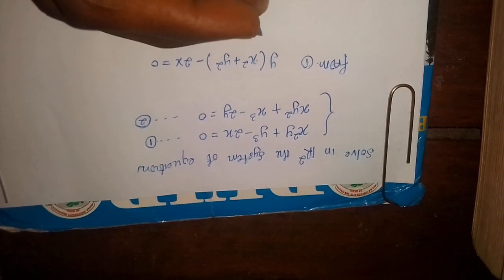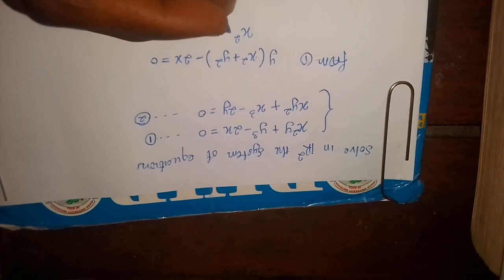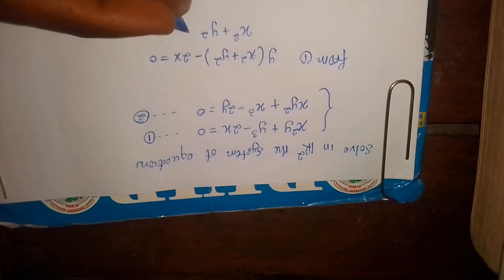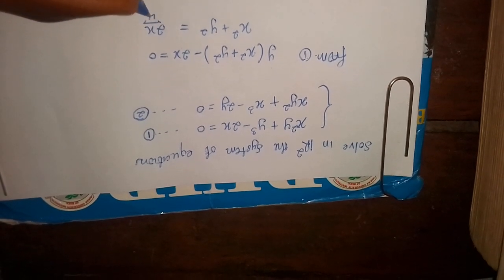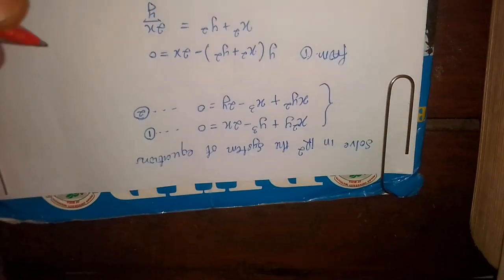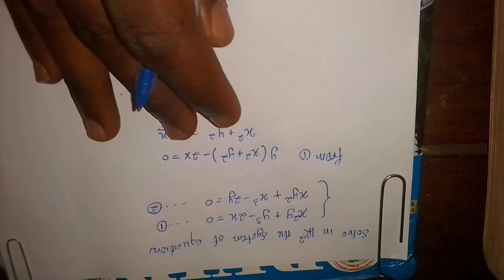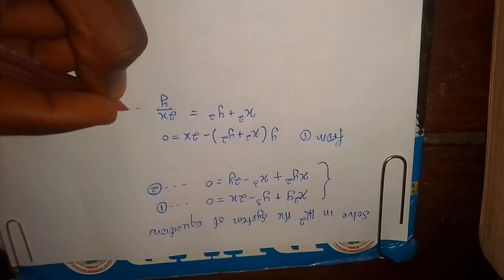Now, when I do that, I can make x squared plus y squared the subject. That will give me 2x over y. Now let's call this equation number 3.